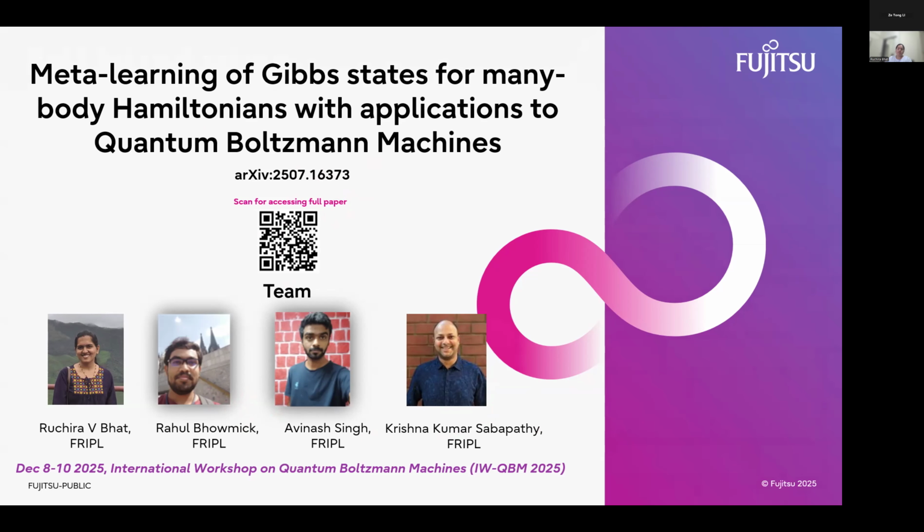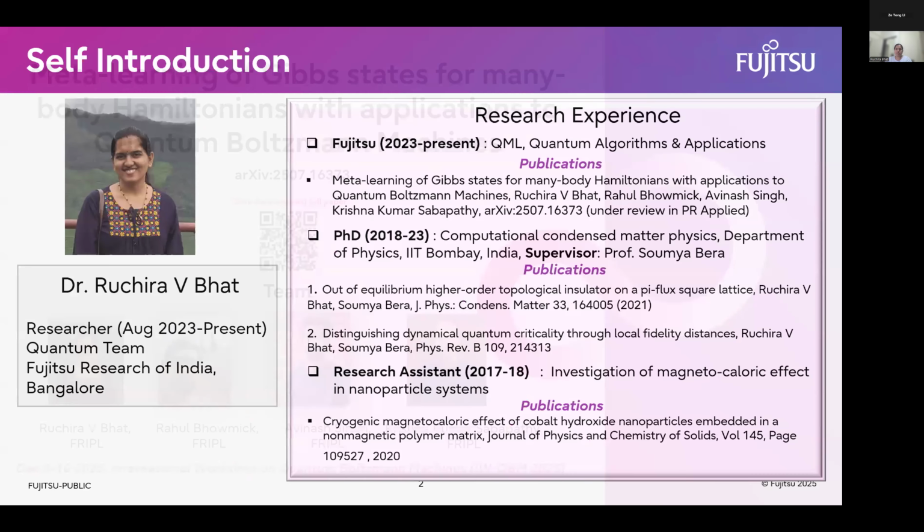Just before going into the technical aspects, I would like to walk you through a brief introduction about my research experience and my team in Fujitsu Research India. I joined Fujitsu in 2023, so it has been a couple of years and more. My research mainly focuses on quantum machine learning algorithms and applications.